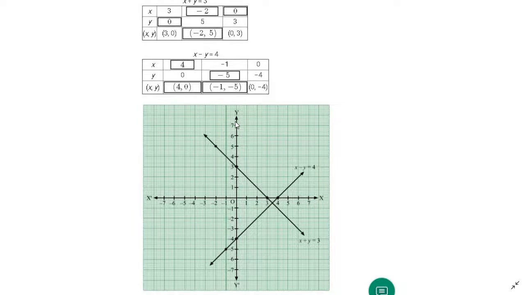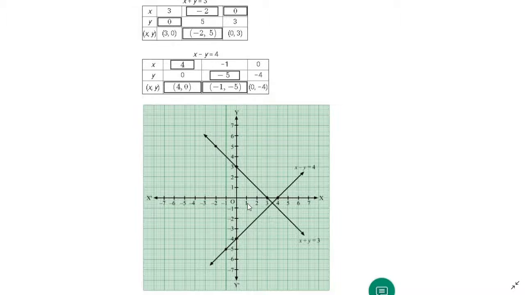Every ending has an arrow. It should not be a dot or an ending. It is not a line segment. It is a line that is going on infinitely. Okay, so what we are going to draw is our straight line.